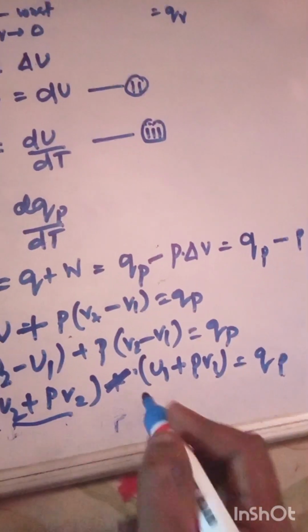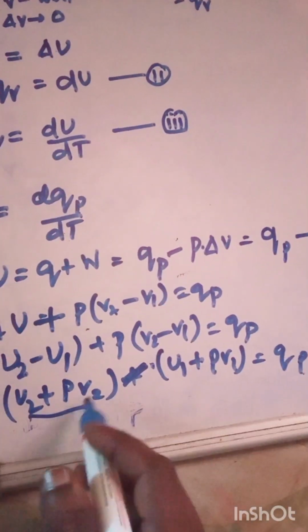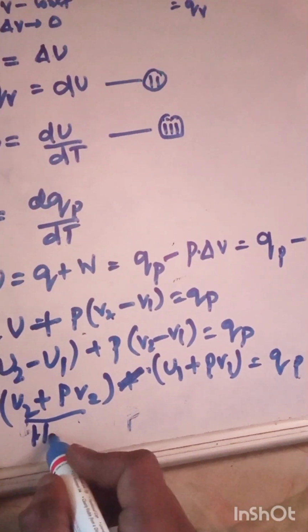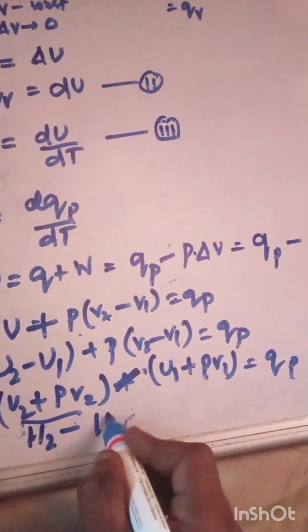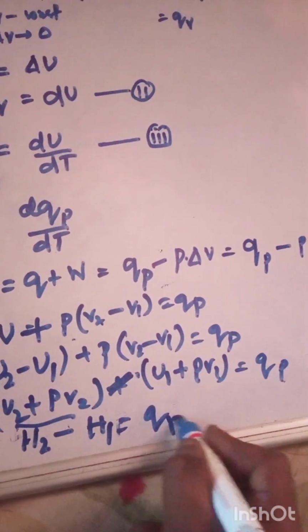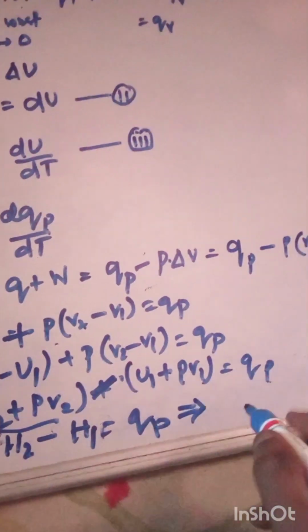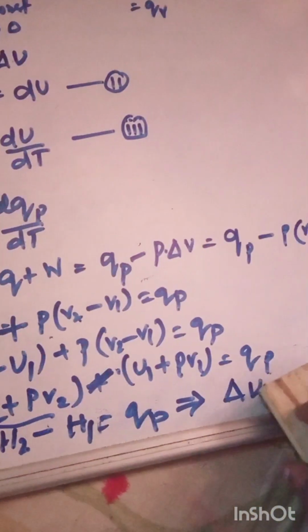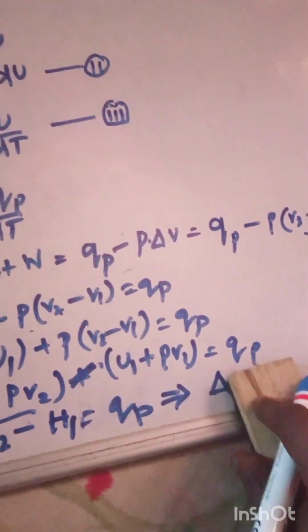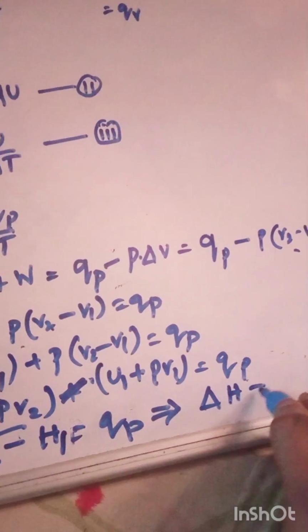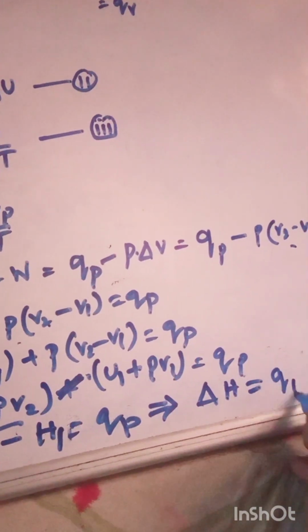This term is enthalpy. U plus PV is enthalpy, we all know. So this is H2 minus H1 equals Qp, or this will become delta H equals Qp.